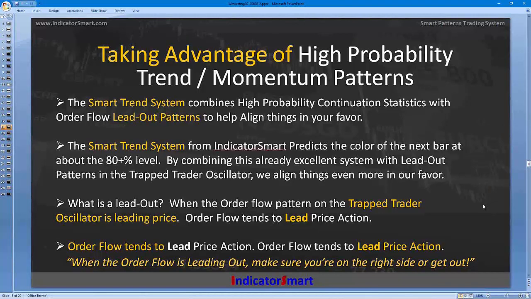And so order flow tends to lead price action. There's a nice edge there. And on that 1,000 tick chart that we looked at a few minutes ago, that chart can carry you in trades that will persist for a whole day sometimes.